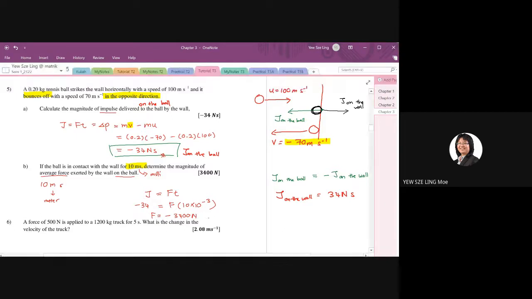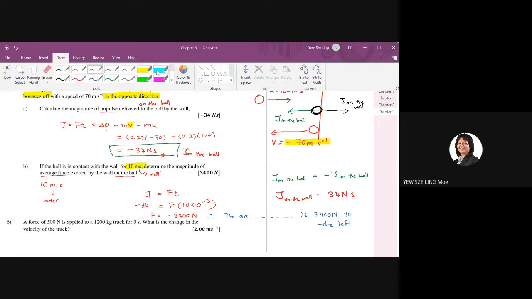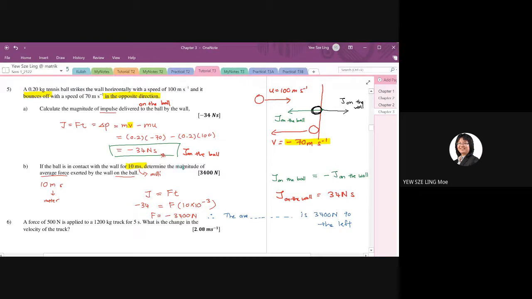So you rewrite it in sentence form. The average force acting on the ball, you write that until the end, is 3,400 Newton to the left. For this question, the answer must be a positive value. Why? Because the question is asking for magnitude.